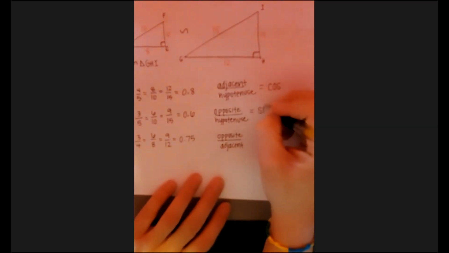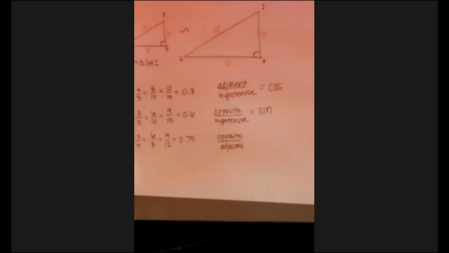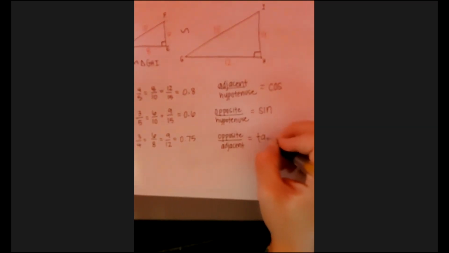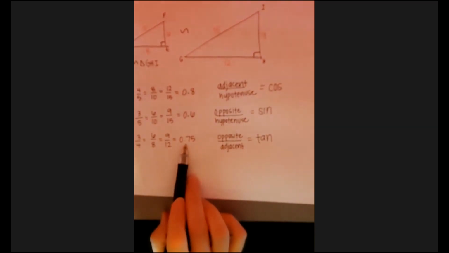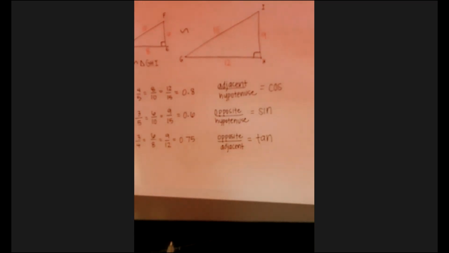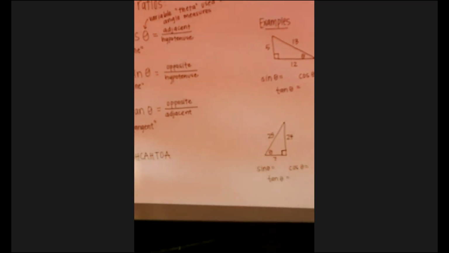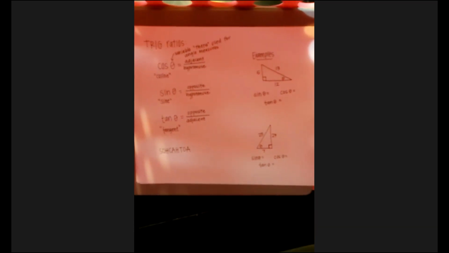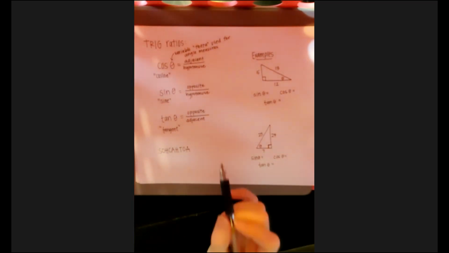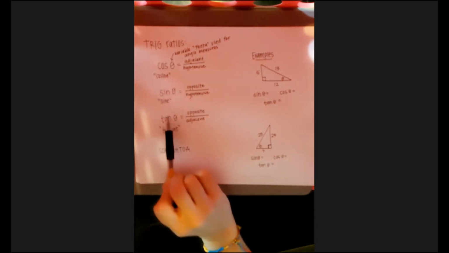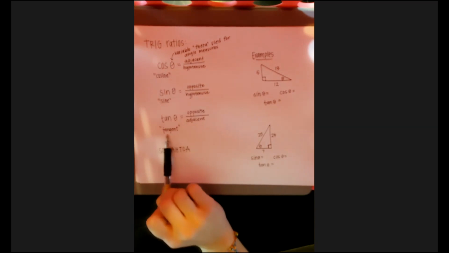You will notice the same thing will happen if I type in tangent. Tangent is going to give me this 0.75 that I have right here. So we have 3 trig functions that you need to learn this year: cosine, sine, and tangent.